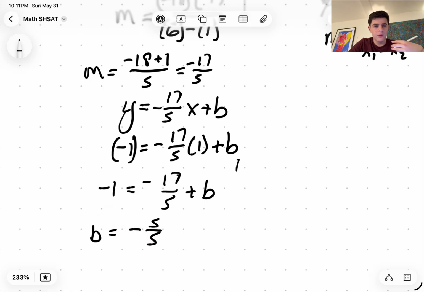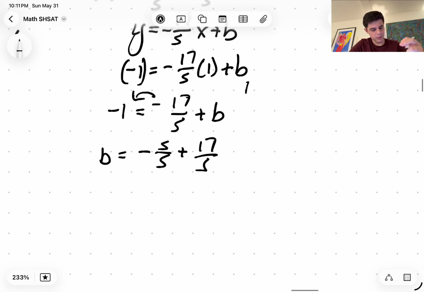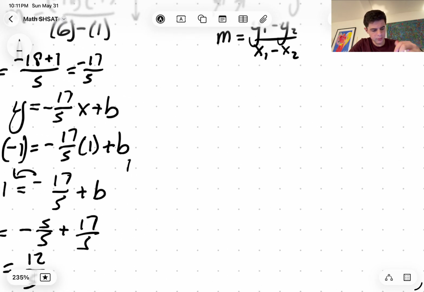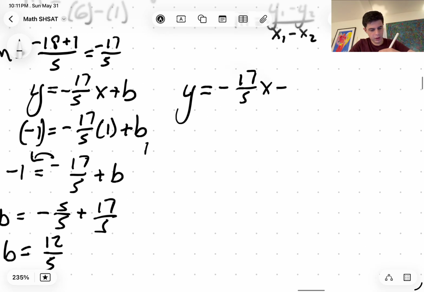I'm just converting that negative 1 into fifths, plus 17 fifths, right? Just move that over to the other side. So we get b equals 12/5. So putting that back into our equation, our final answer is going to be y equals negative 17/5 x plus 12/5. And that makes sense, right?